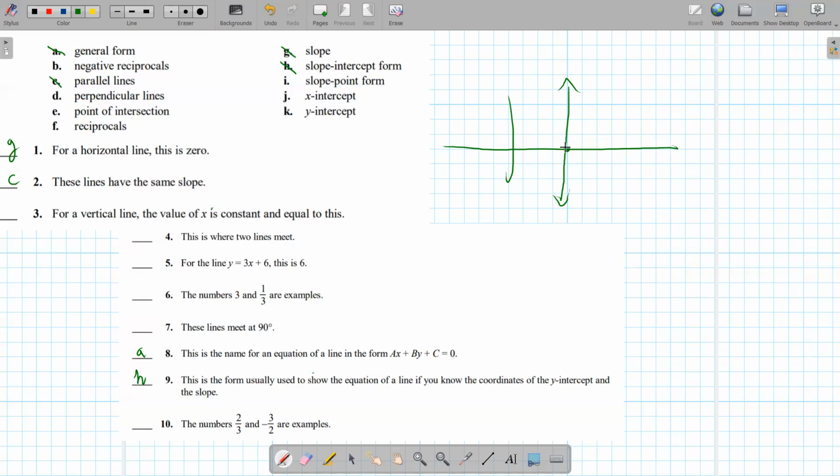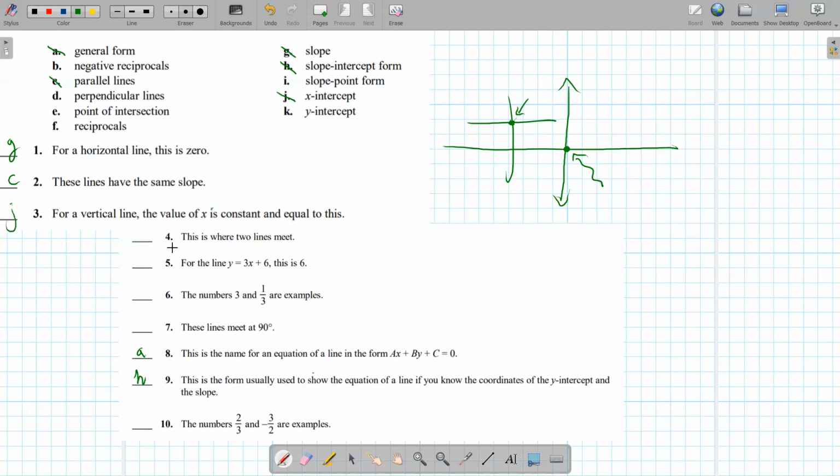What is this point? 0? No. What does it represent? Y is 0, but not the X. That's the X-intercept, right? Oh, okay. That's the X-intercept. This is the Y-intercept. This one is the X-intercept, so 3 is gonna be J.